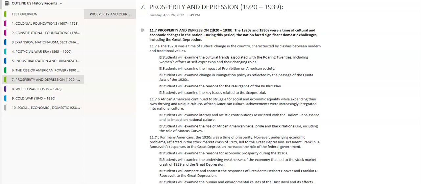And the Great Depression is a massive change in our mentality as a country. Prior to the Great Depression, the economy ran itself. Government had very little to do with the economy, really. And the average person had very little to do with the government, particularly the federal government.